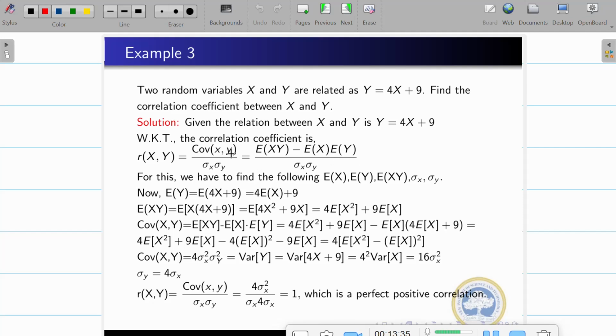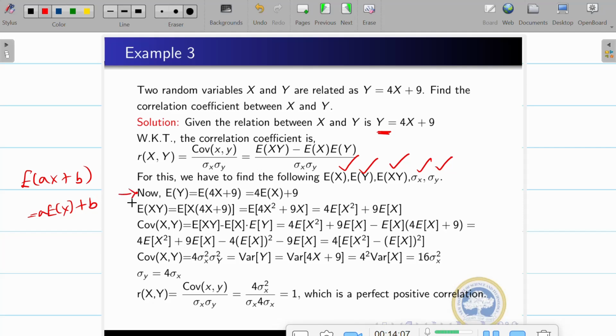Now to perform this, we have to find expectation of x, expectation of y, expectation of xy, sigma x, sigma y in terms of the given relation. First, expectation of x is the same as expectation of x. We have to find expectation of y. Using the property of expectation, expectation of ax plus b is a times expectation of x plus b.